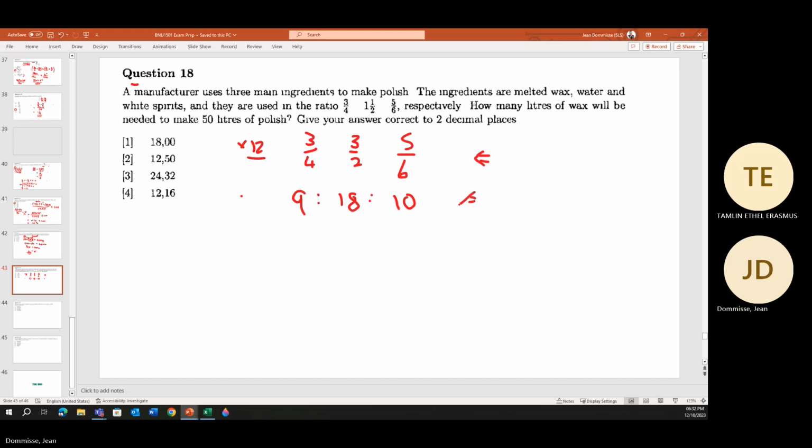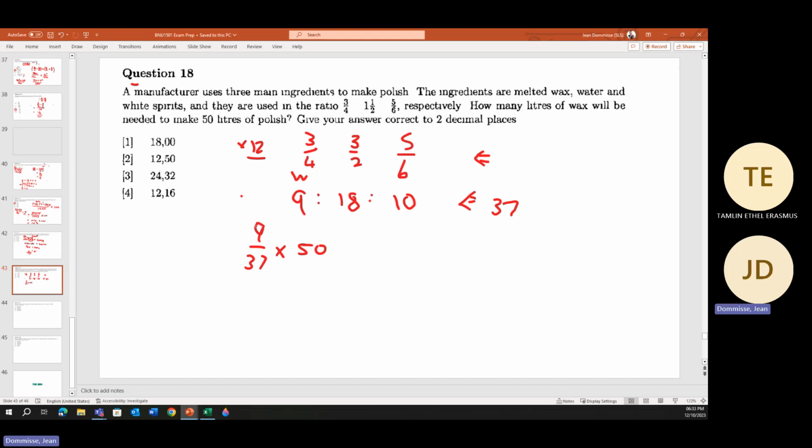Okay, how many liters of wax will be needed to make. Okay, so wax was this one. So I would have said 9 divided by 37 times 50.